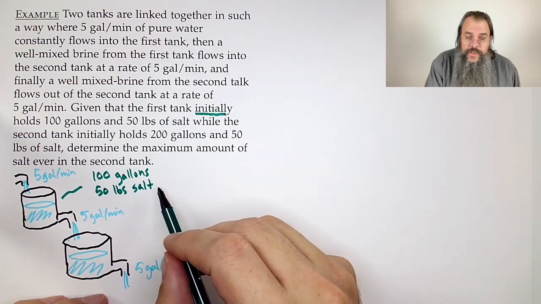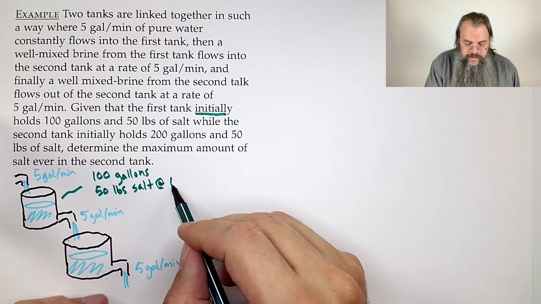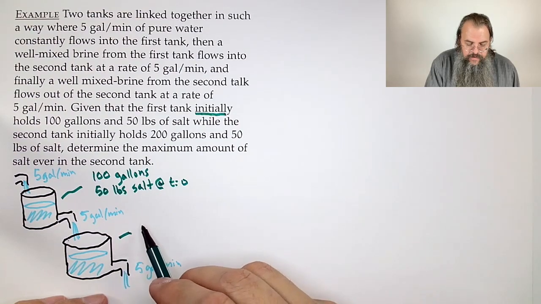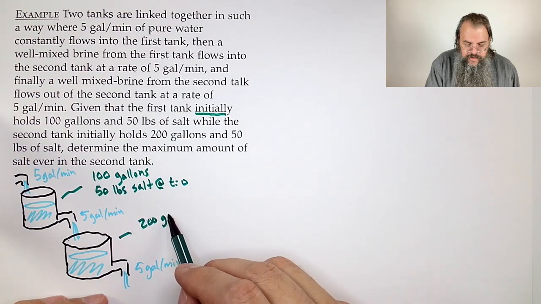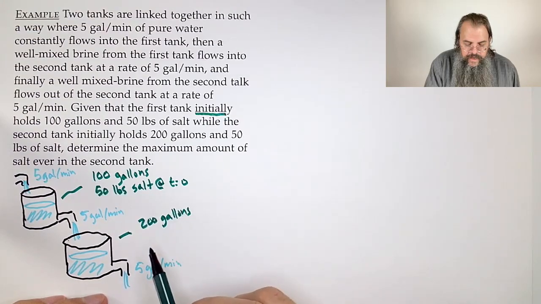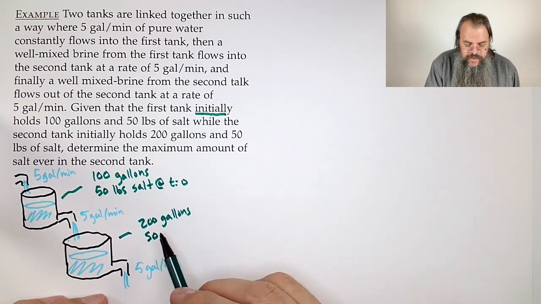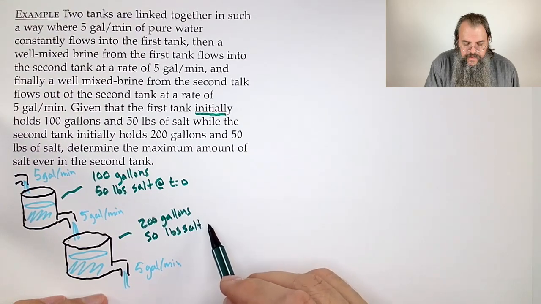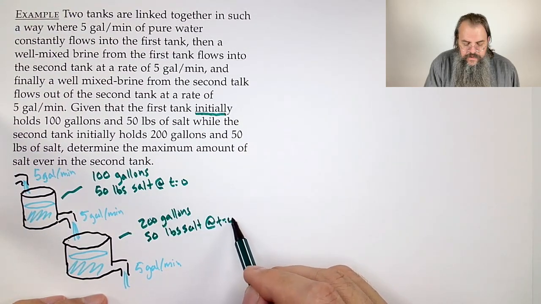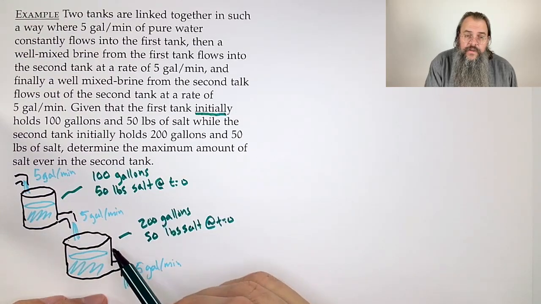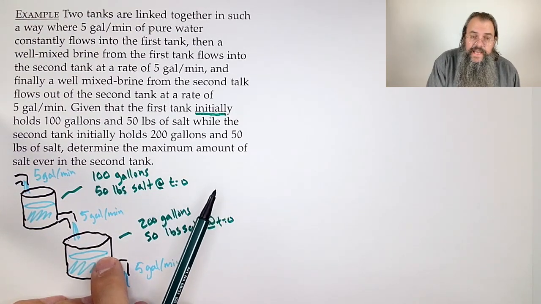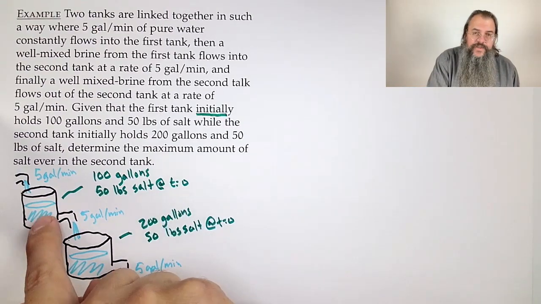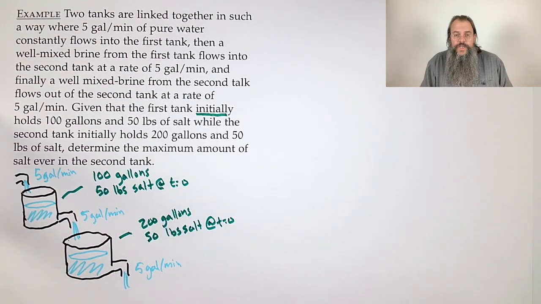Now that's initially, so we'll say at time 0. And now the second tank, well, that's 200 gallons and also 50 pounds of salt. Now, you'll notice they both have the same amount of salt, but because this is a bigger tank, it's less salty than the first.